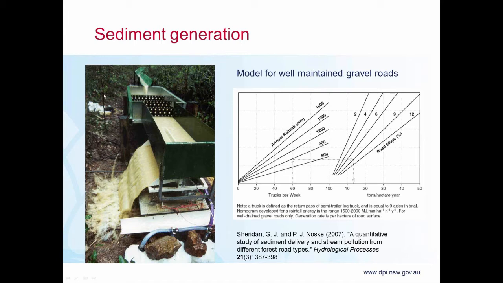So they were able to calculate how much water and how much sediment came off different road surfaces, and they then converted this in different rainfall situations and on different road slopes into some useful nomograms that can identify how much sediment will be generated from different road types. It's, again, common sense. The higher the rainfall erosivity, the greater the slope, the more likely you are to get erosion of the road surface and therefore generate more sediment that we then have to deal with in the landscape.